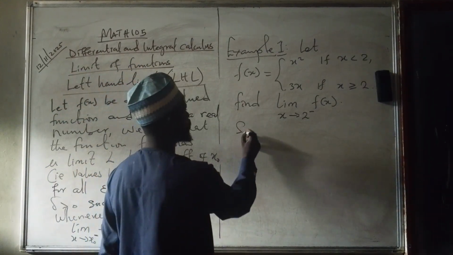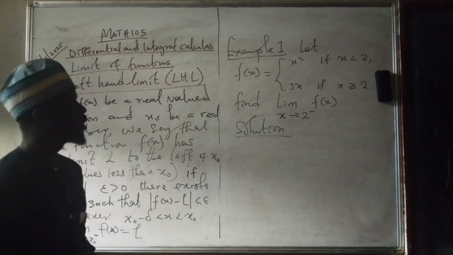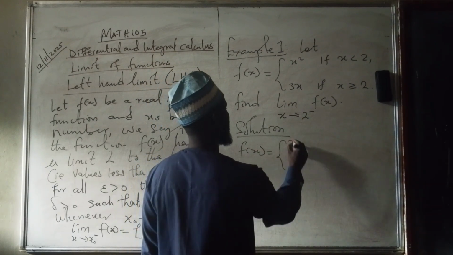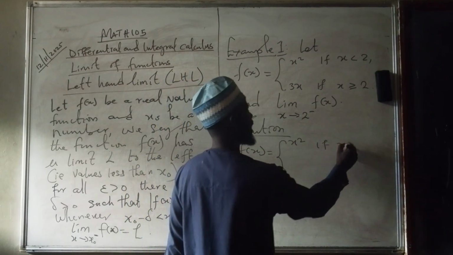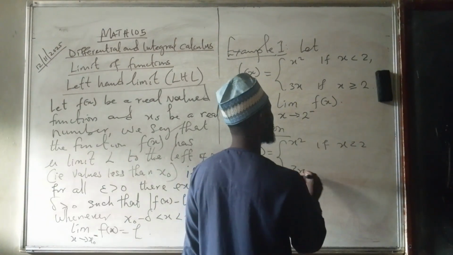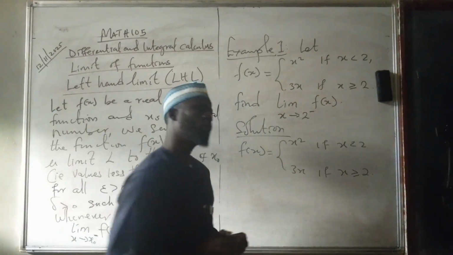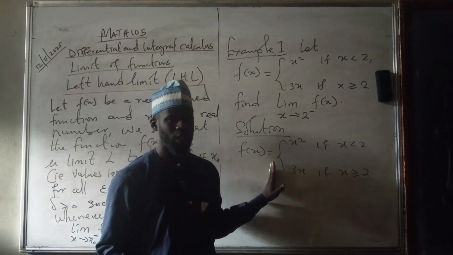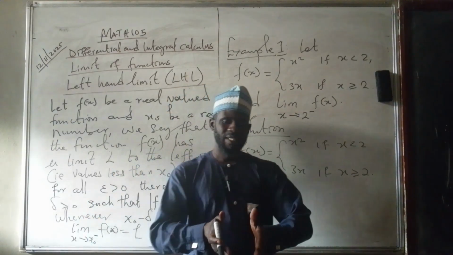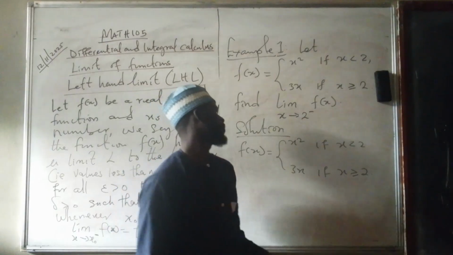So the solution, we have to solve. You remember that f of x is equal to x square if x is less than 2, and this is 3x if x is greater than or equal to 2. So this is a piecewise function. It defines several values on the domain of f of x.